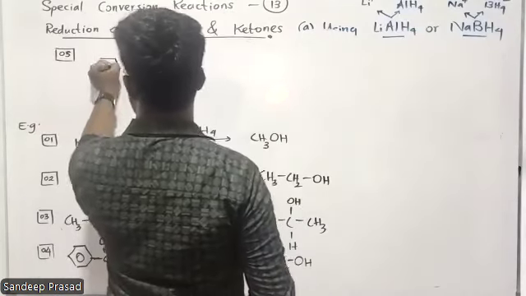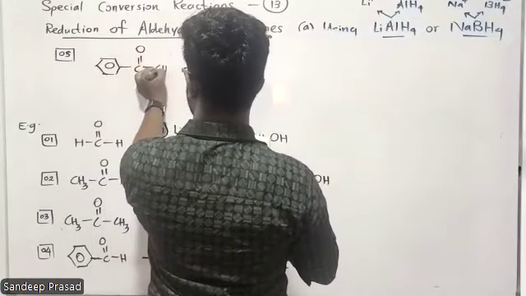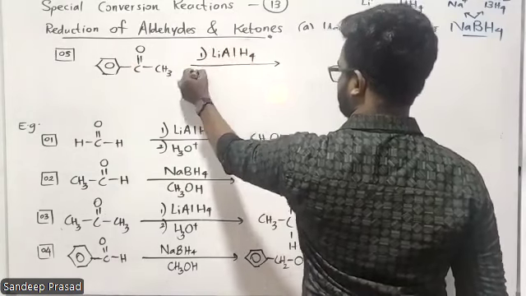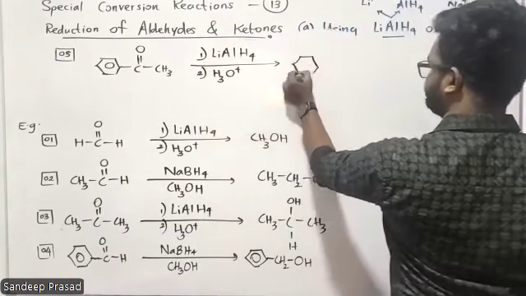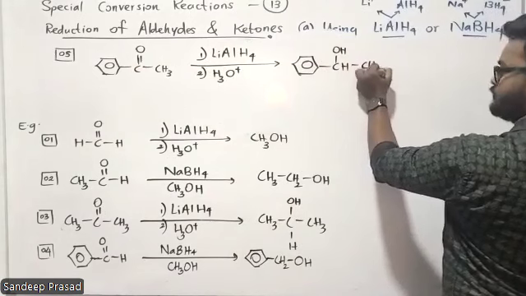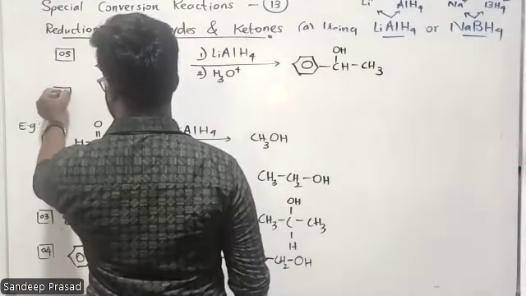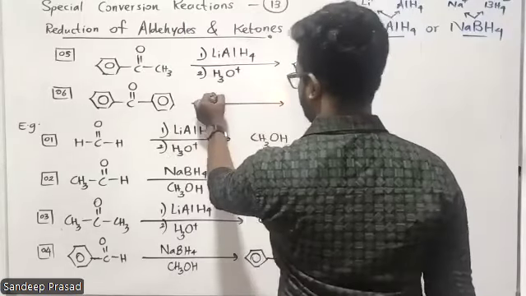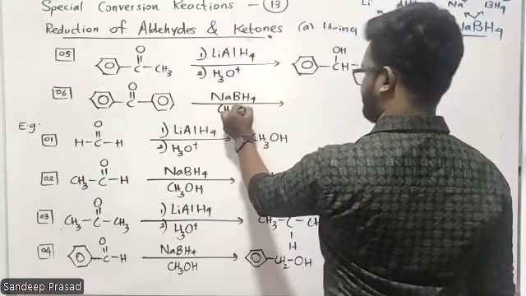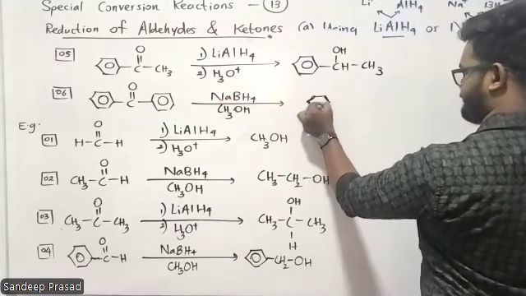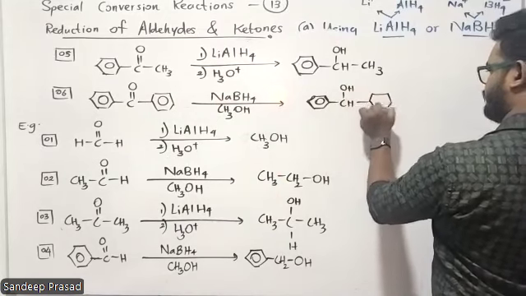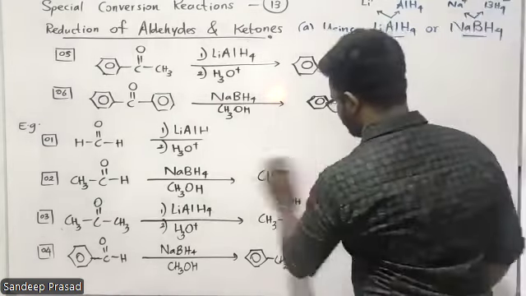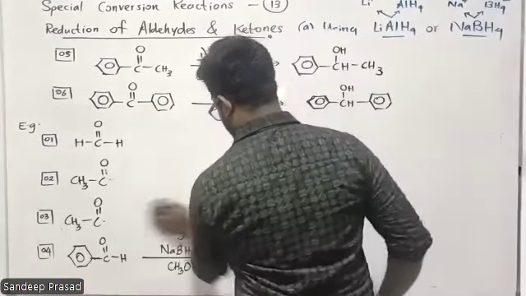Number 5. In this way. So this is the first type of reduction, the first way of reducing aldehyde and ketone.